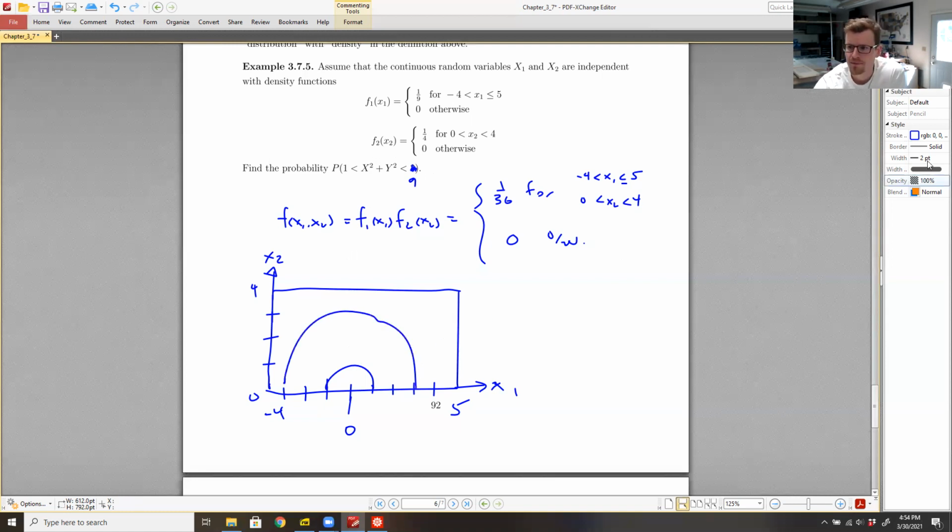So I'd be looking at that, which means that the area inside of that is our region of integration. So this stuff here is our region of integration.